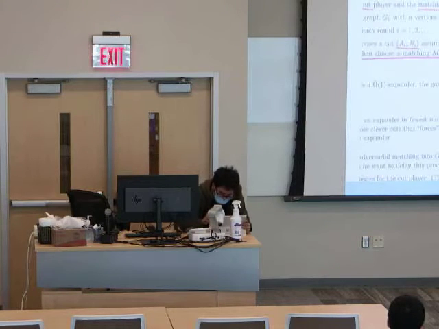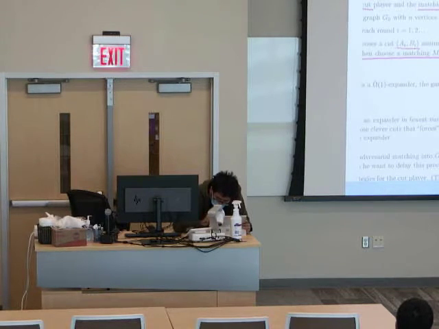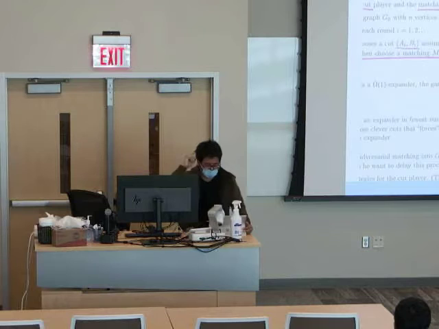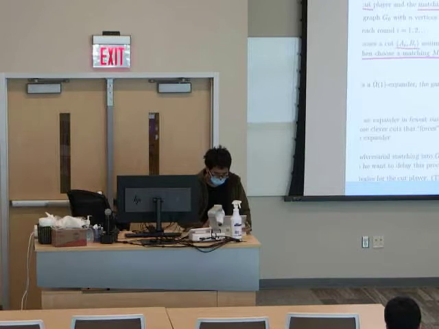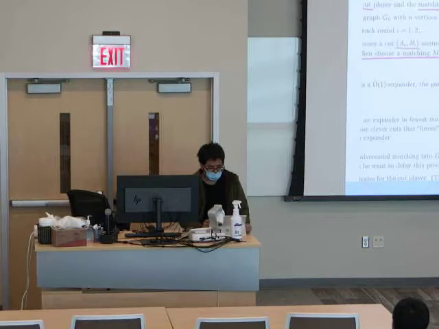So what is a B matching? It's a subgraph such that when node V has demand dV, there are dV edges incident to it.